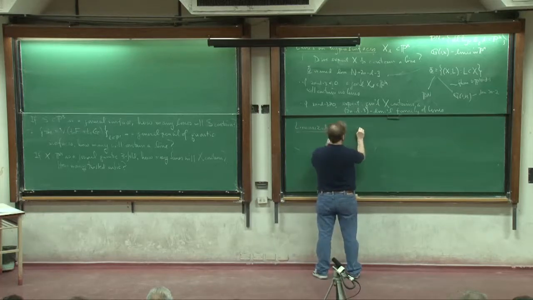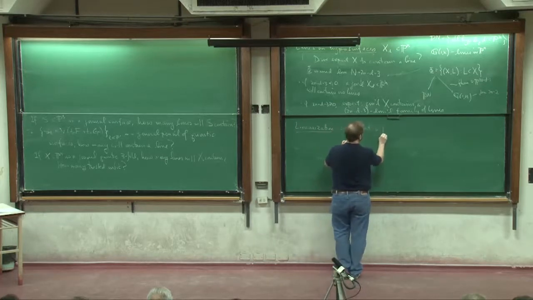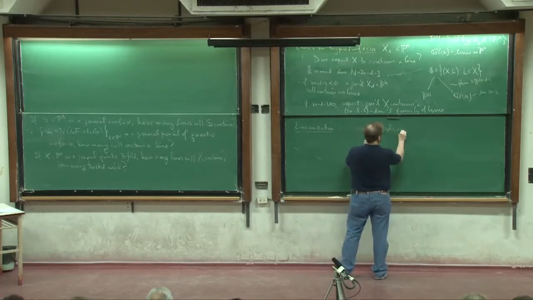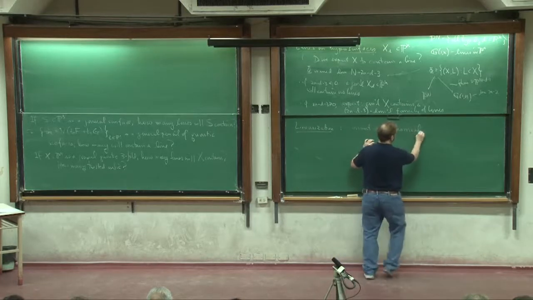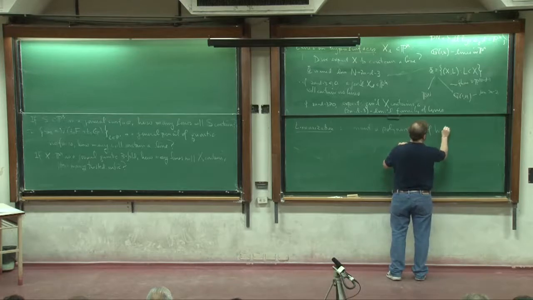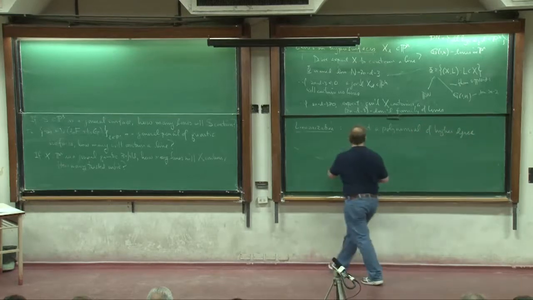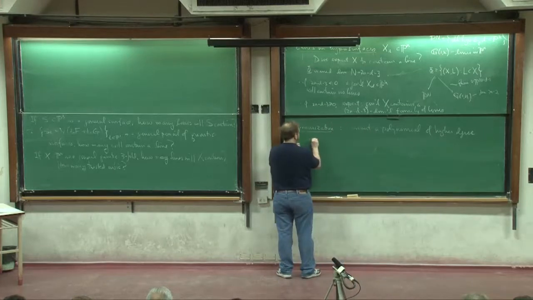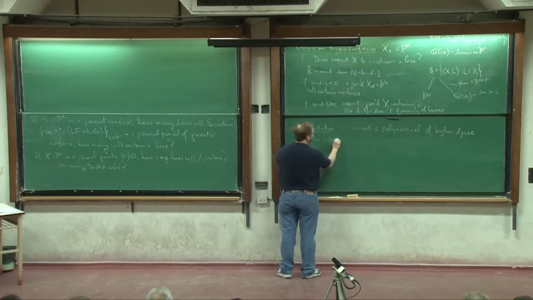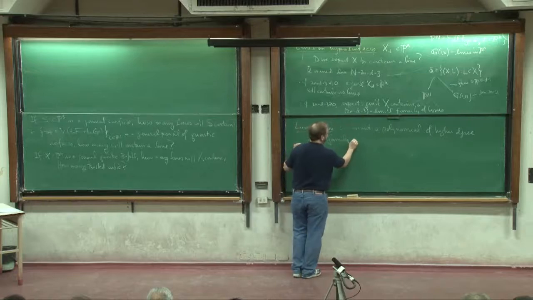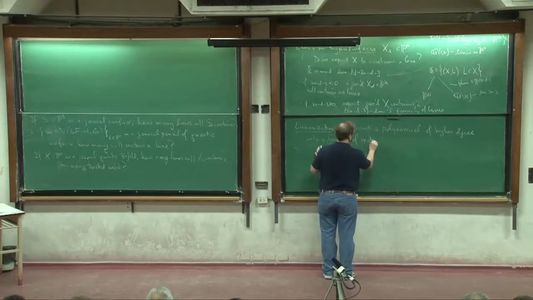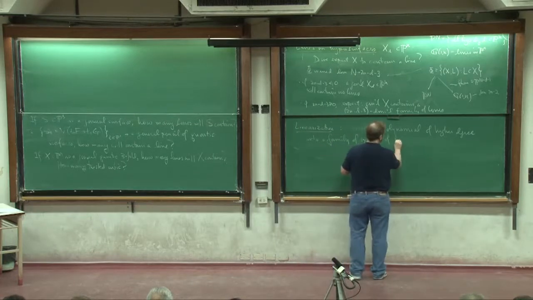This is a process that converts a polynomial of higher degree, and again, by higher, I mean 2 or more, into a family of systems of linear equations.